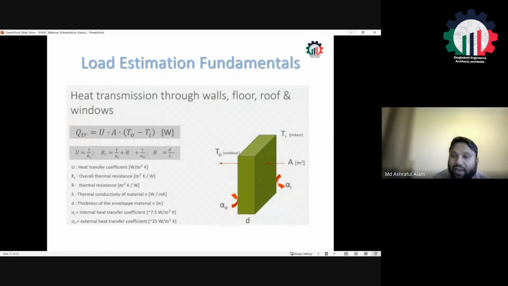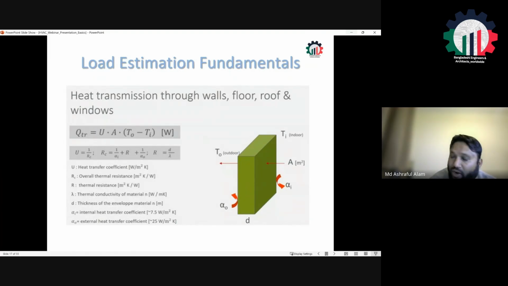This is where energy, sustainability, and other terms come in. Nowadays, most of the load related and energy efficiency related courses are offered by the architectural departments in many universities. The reason is that the architect is the first one who must know what type of building envelope should be used so that the building becomes energy efficient.